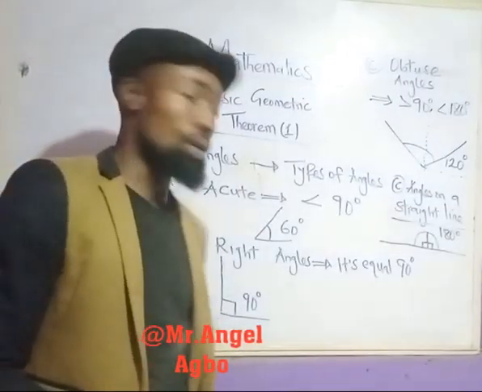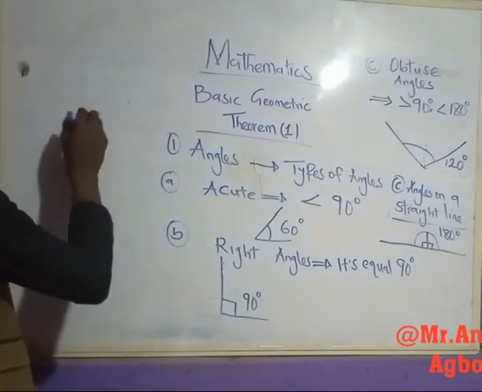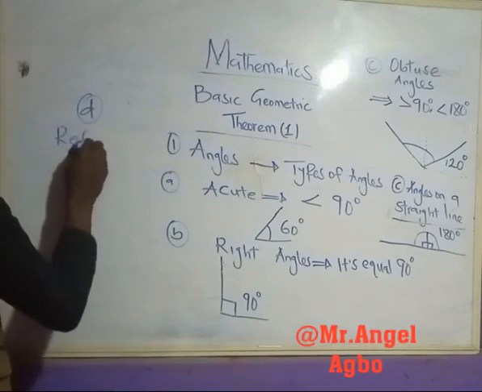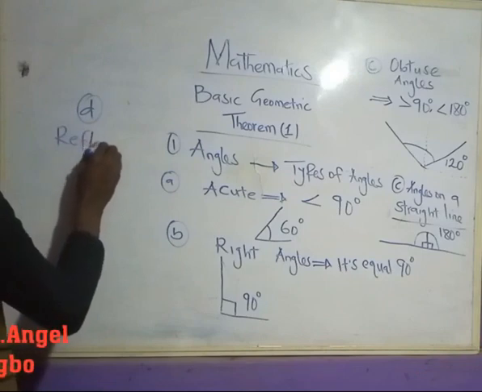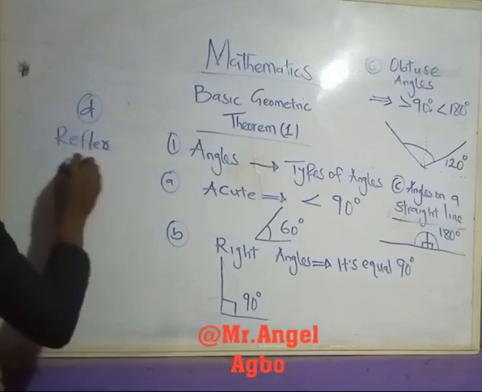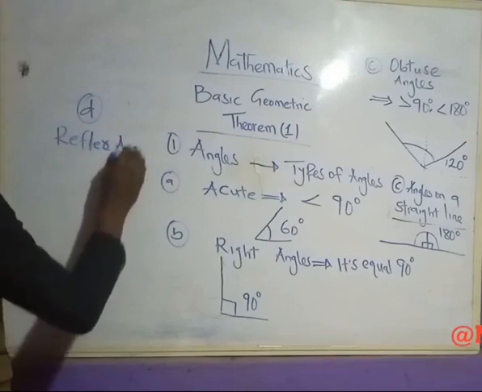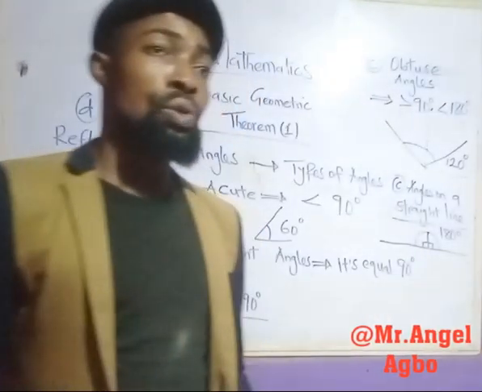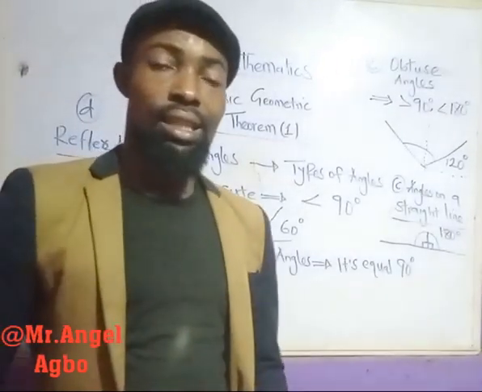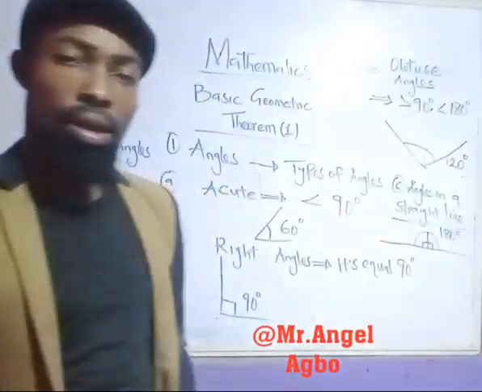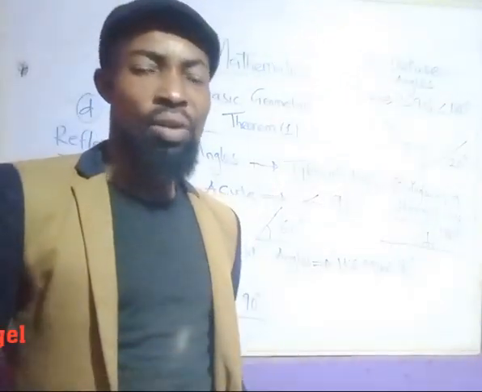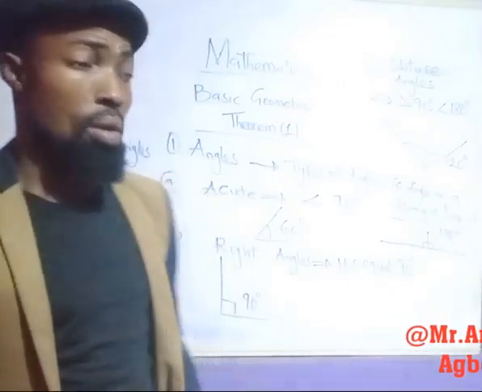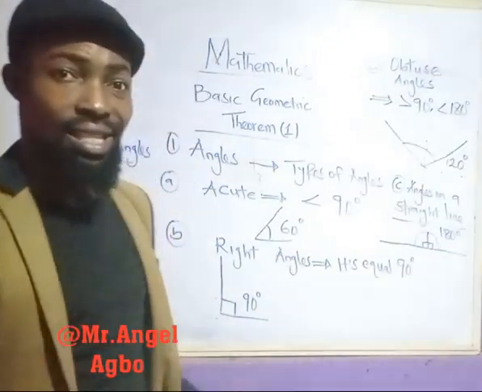We have reflex angle, and put this one as D. Reflex angles are angles that are more than 180 degrees, but they are lesser than 360 degrees.